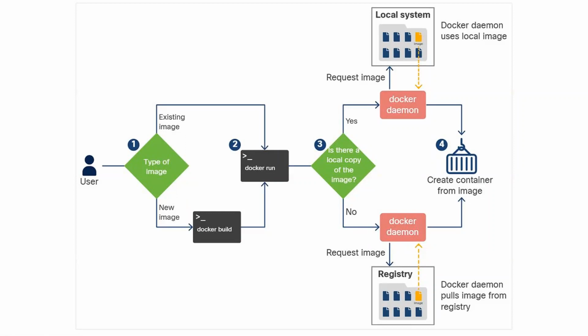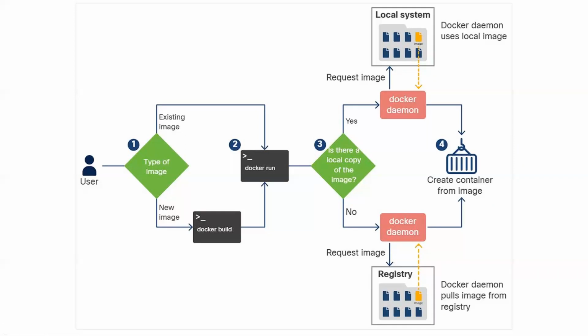Next is to run a container based on the image using Docker run or Docker container create. The Docker daemon checks to see if it has a local copy of the image.